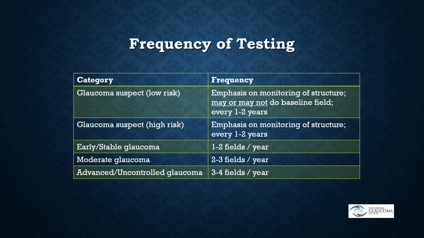Glaucoma suspects which are higher risk still emphasize monitoring of the structure, but here you might want to do a visual field already every 1 to 2 years. Early or stable glaucoma can be tested just once or twice a year, and more frequently if it's advanced or uncontrolled.